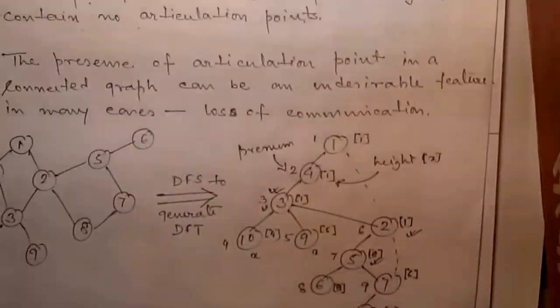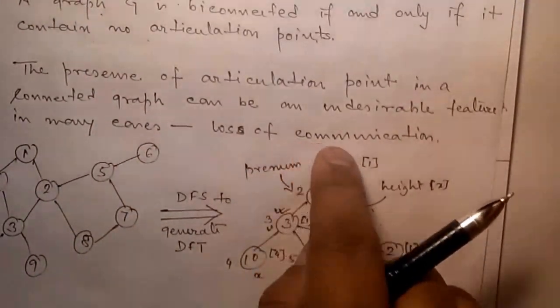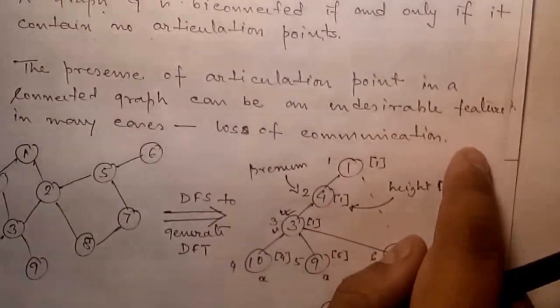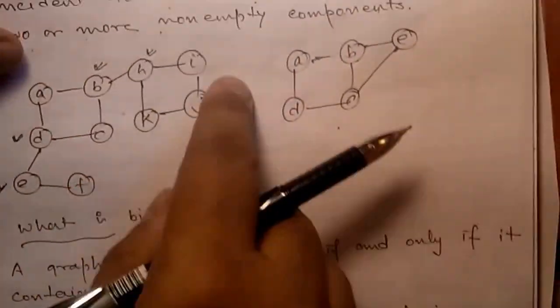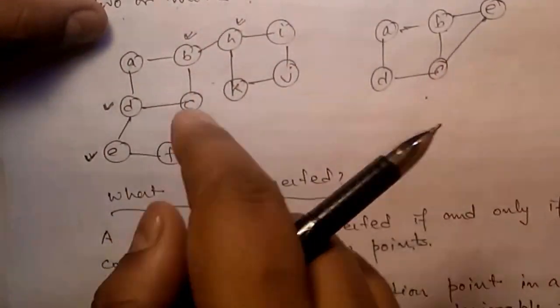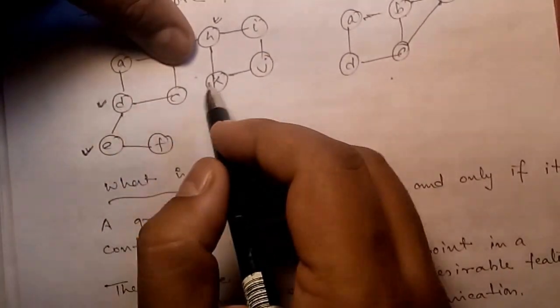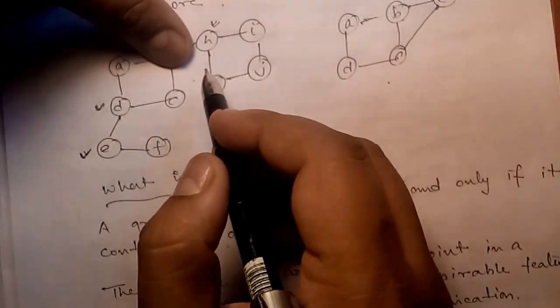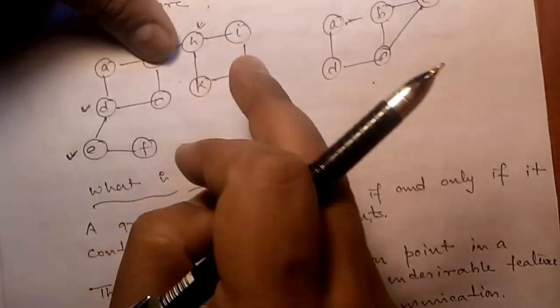Now, the presence of an articulation point in a connected graph can be an undesirable feature in many cases. Suppose it's a communication network or transmission network. If B is not working properly, then we can't transmit data or material or fluid from this part of the graph to that part.